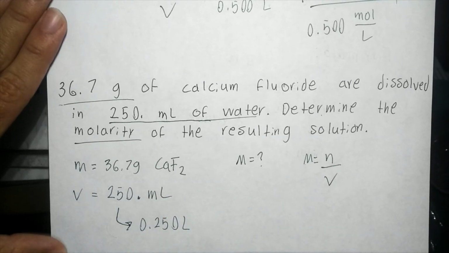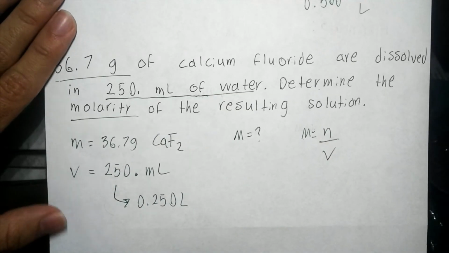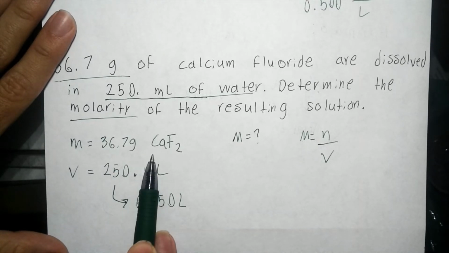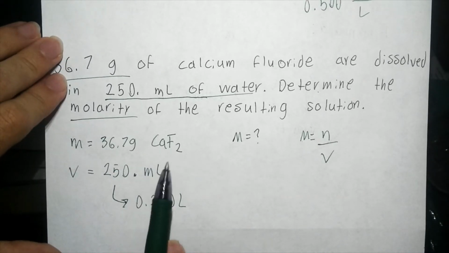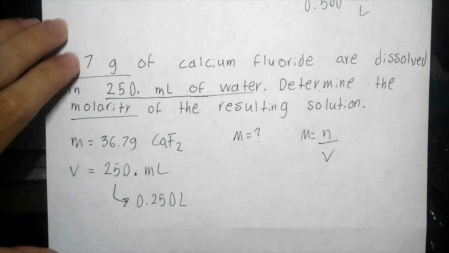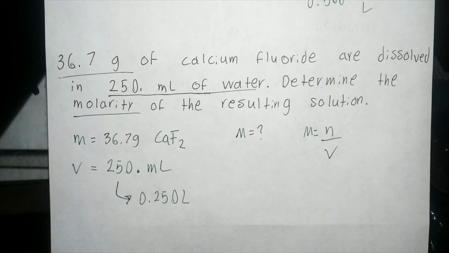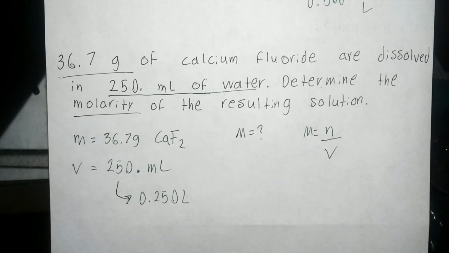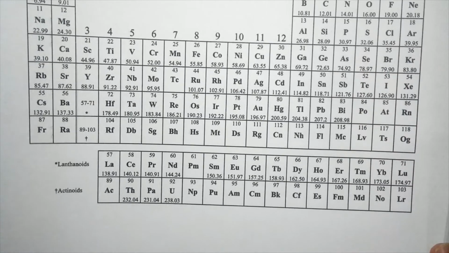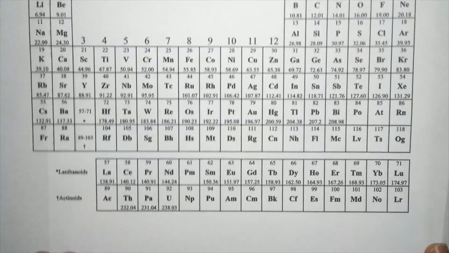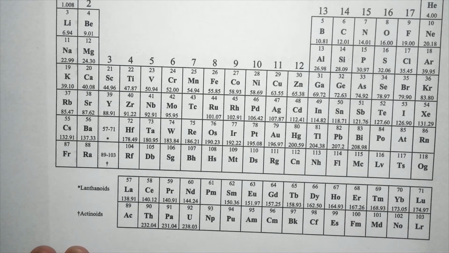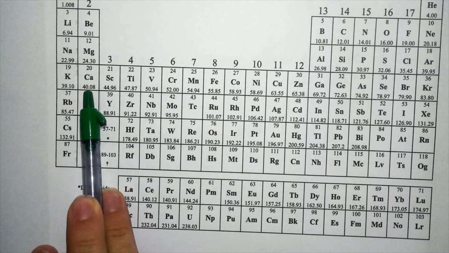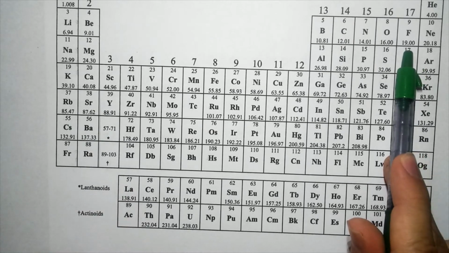Now the more complex one would be converting this amount of grams of calcium fluoride into moles of calcium fluoride. Now to go from grams to moles of a specific substance, you would have to use that substance's molar mass. If you don't know how to determine that, you would just use the periodic table. So for calcium fluoride, you have 1 calcium and you have 2 fluorides.